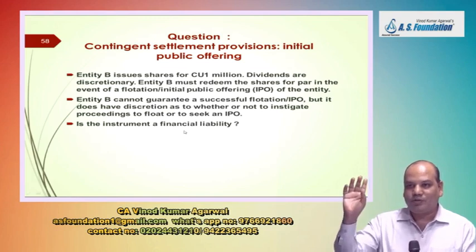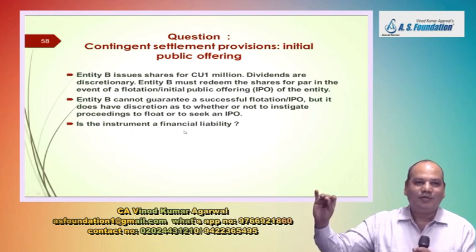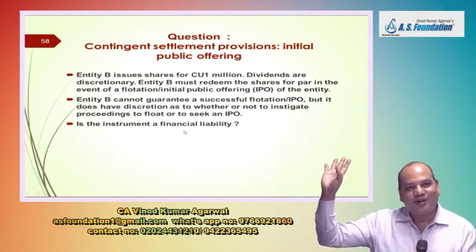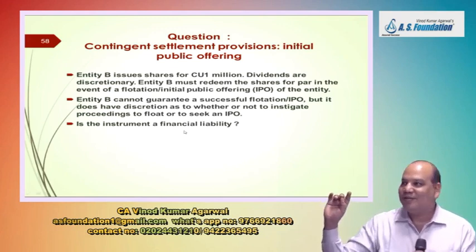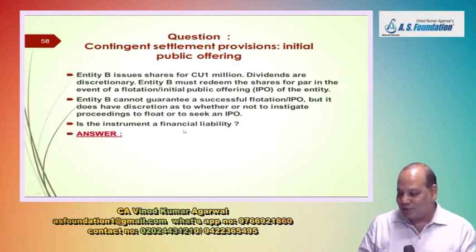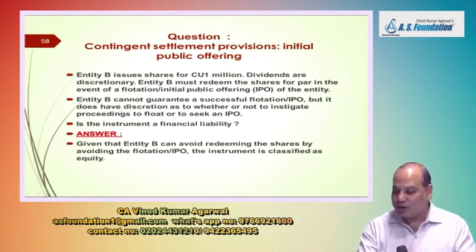So, three options. You tell me, how many of you think fully financial liability? No one. Fully equity? Compound instrument? 100% vote has gone for equity. So the answer is right, because both are at the discretion of the entity.